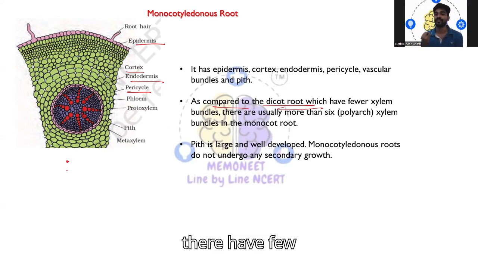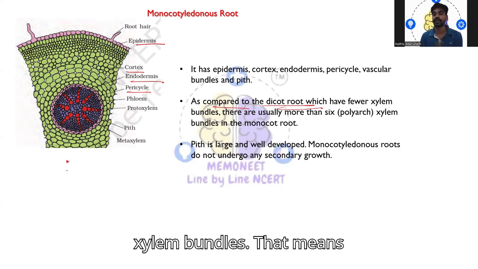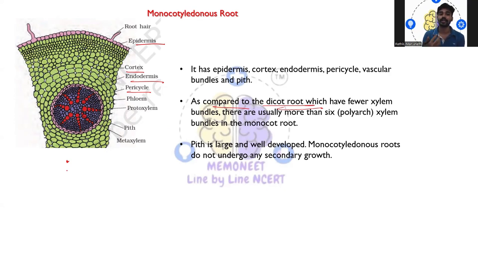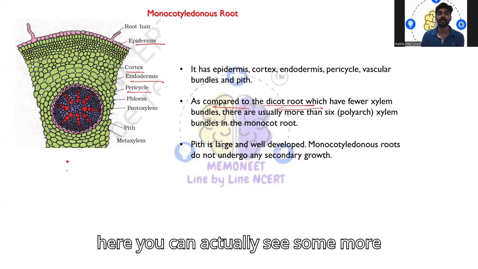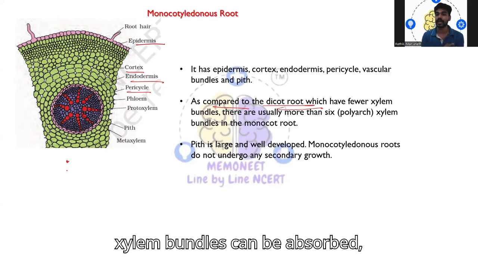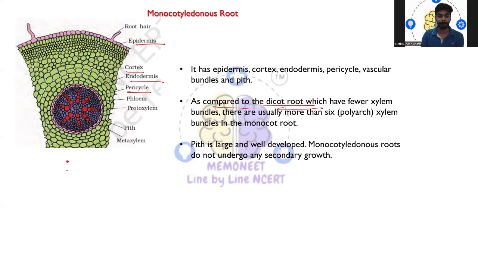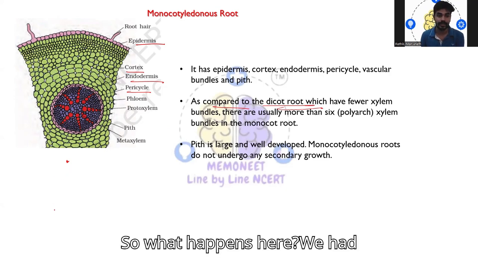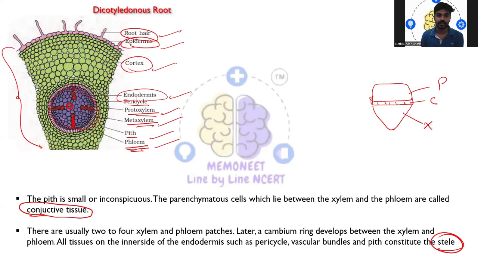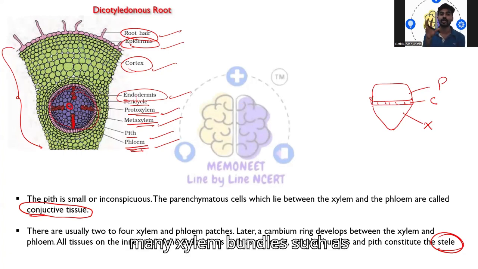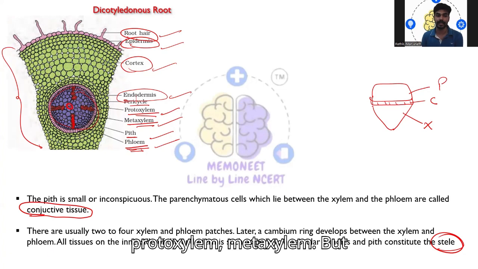there are differences in the xylem bundles. In the dicot root we had few xylem bundles, such as protoxylem and metaxylem.